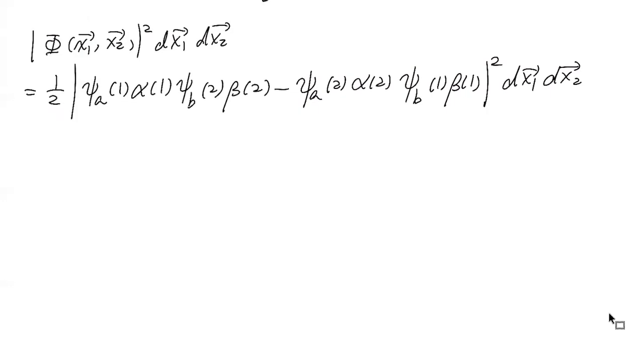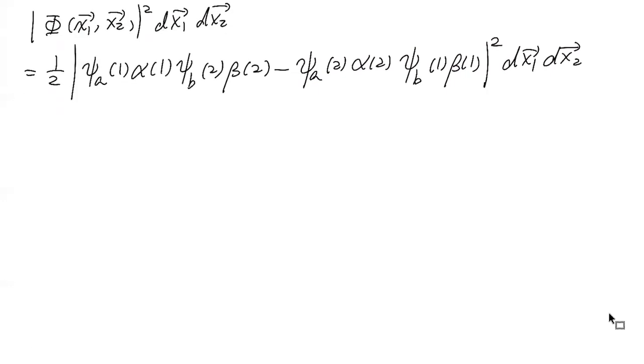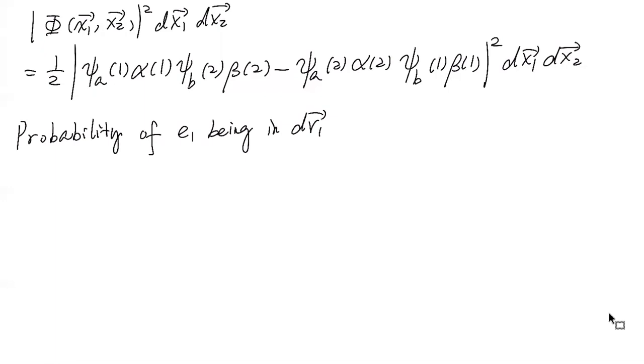So what is the probability of finding electron 1 at point R1, and electron 2 at point R2.